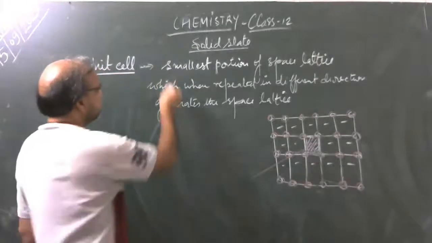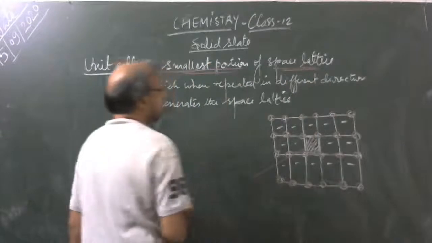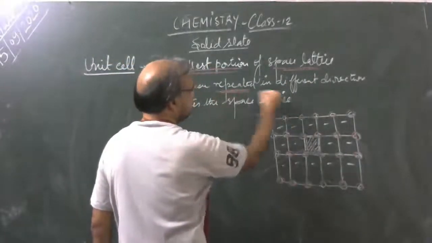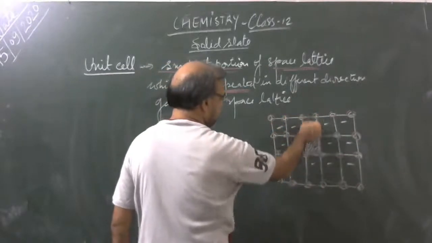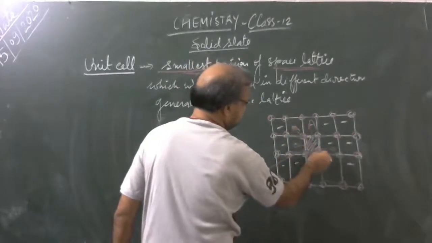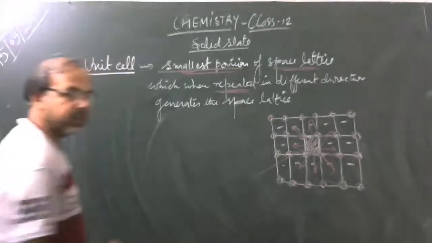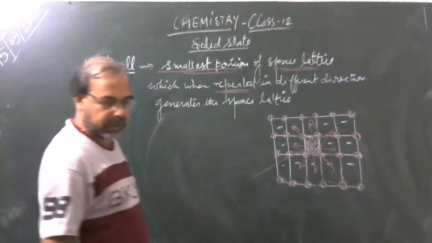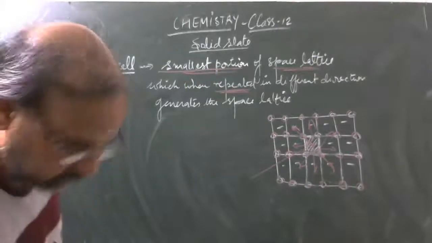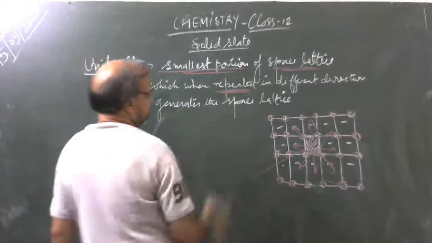The unit cell is the smallest portion of space lattice, which when repeated in different directions gives rise to the shape of the space lattice.